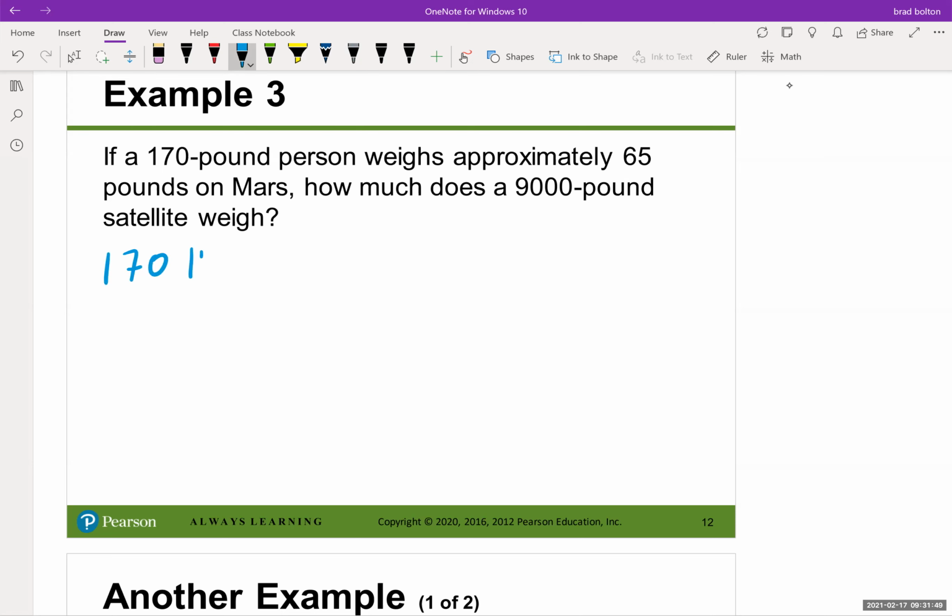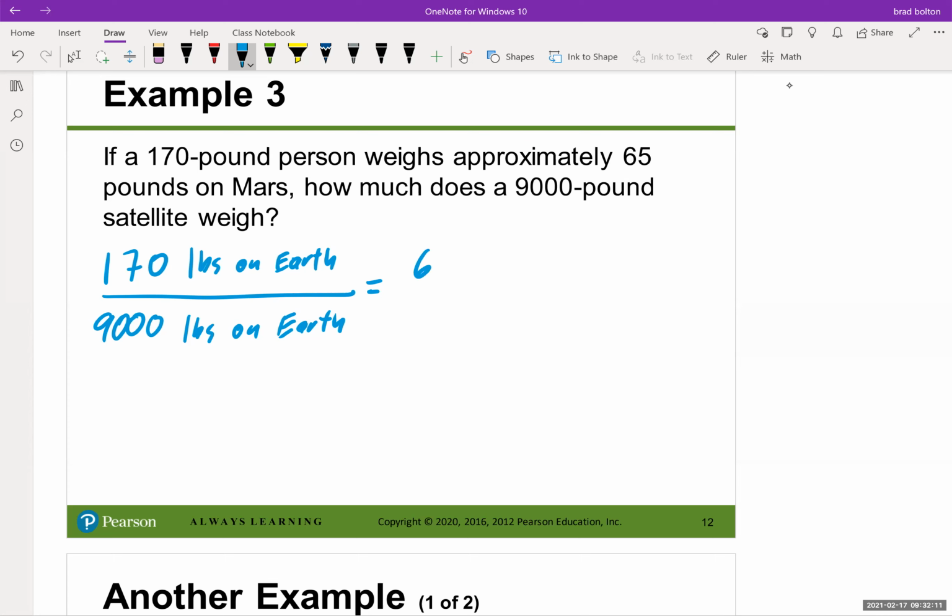170 pounds on Earth versus 9,000 pounds on Earth. Okay, so I'm doing the two Earth weights equals, now I'm going to do the two Mars weights.